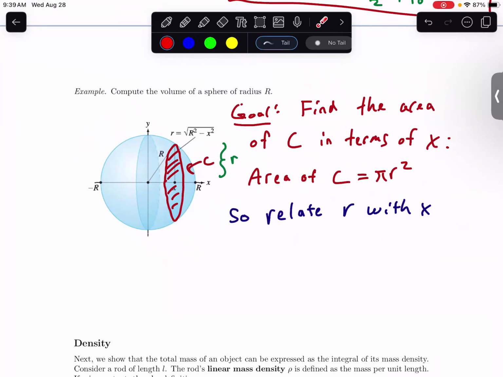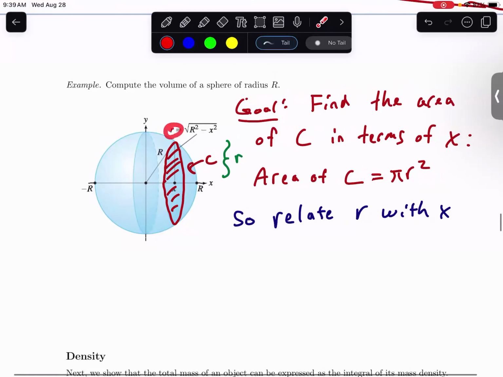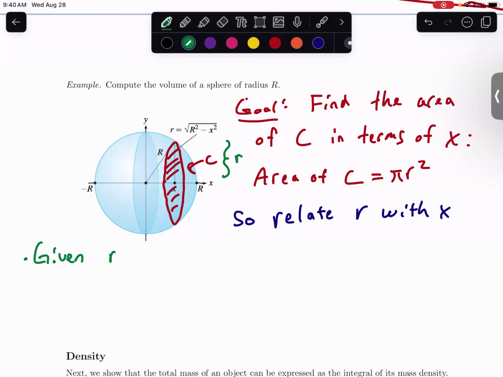It kind of already spoils it in the picture. We're told that lowercase r is equal to the square root of uppercase R squared minus x squared.